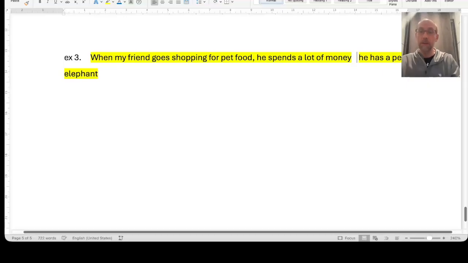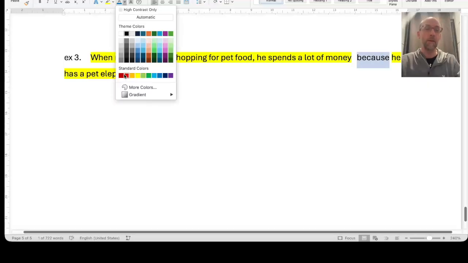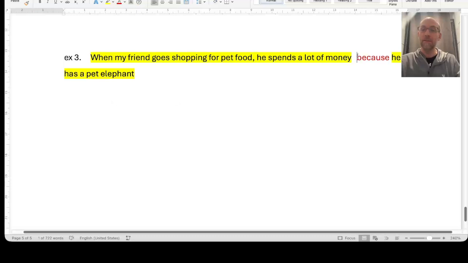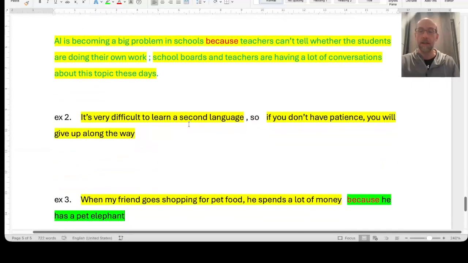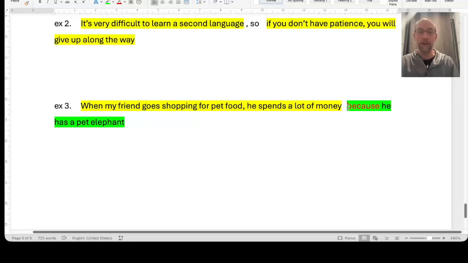Alternatively, we could put a "because" here. And as soon as we do that, that's a subordinator, right? We all remember good old "because." That turns this whole thing into green. It's now a dependent clause. So when you have yellow first, second green, nothing in between, and therefore we do nothing.